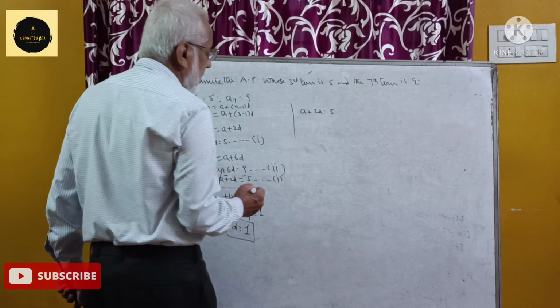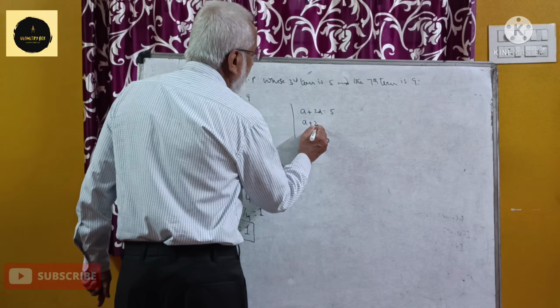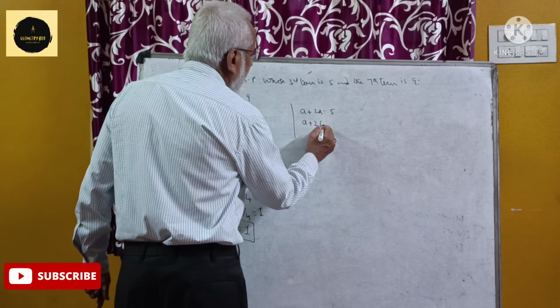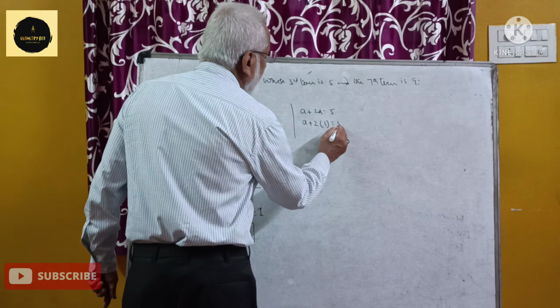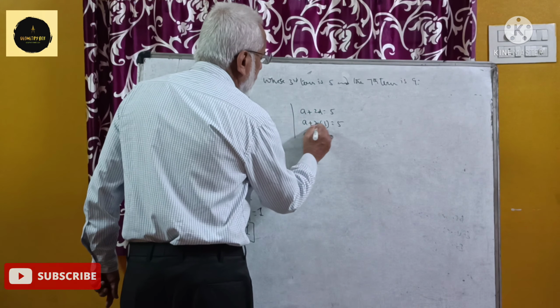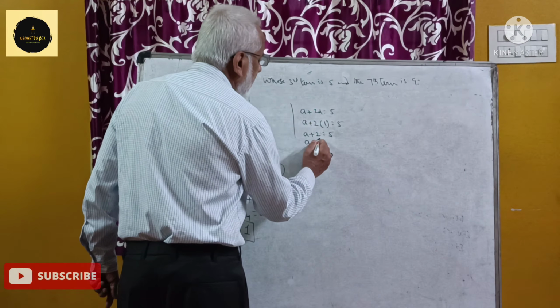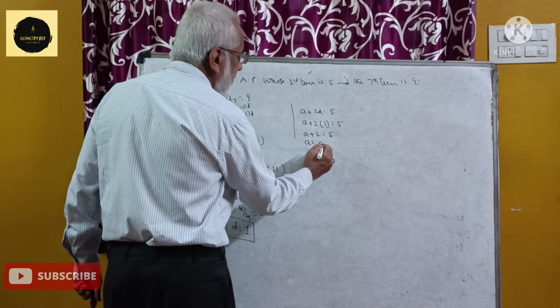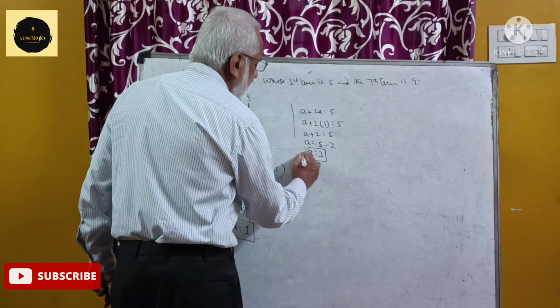We do not know a, so you write a as it is. In the place of d, in the bracket you write the value of d, which is 1, is equal to 5. Then a plus 2 ones are 2 is equal to 5. Or a is equal to 5 minus 2, transferring 2 to the right hand side, it becomes minus 2. Subtract 2 from 5, how much do you get? 3. So the value of a is 3 and the value of d is 1.